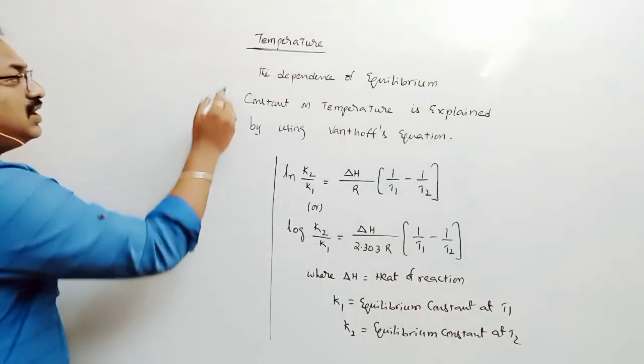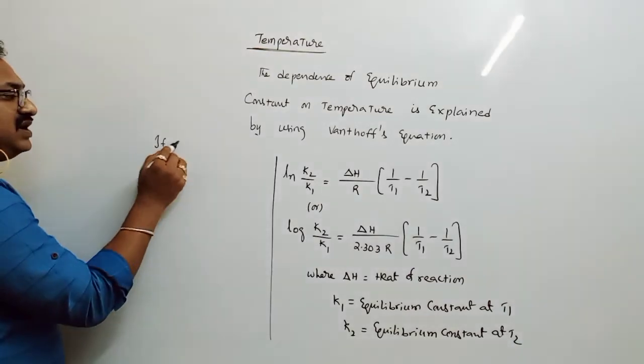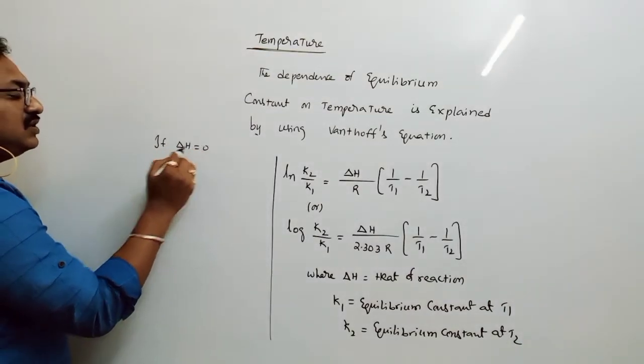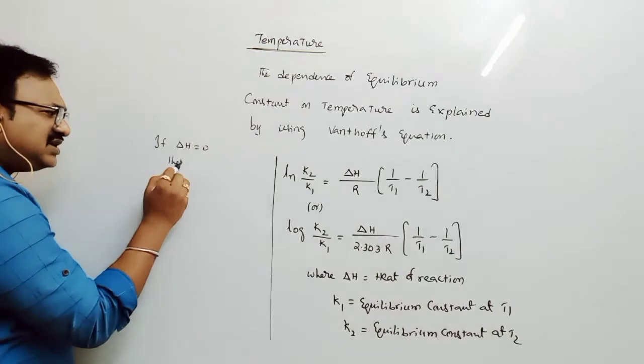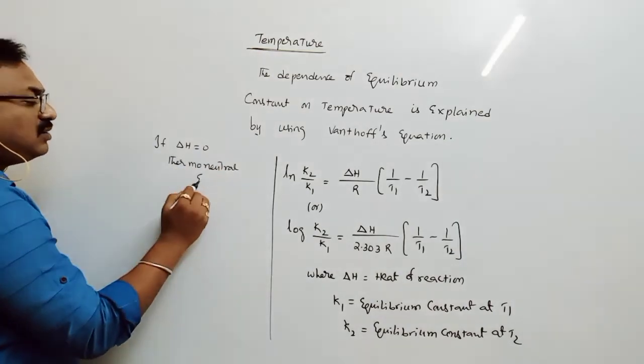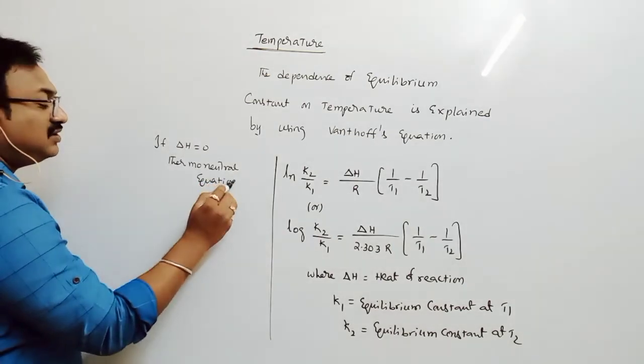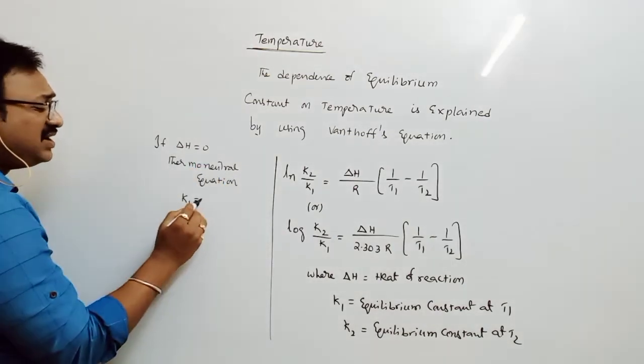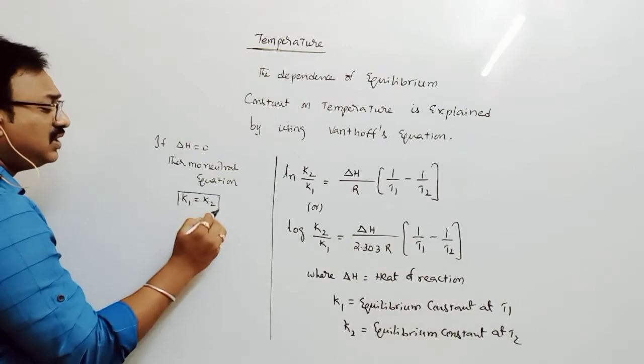Now listen, if del H is equal to 0, del H 0 means it is called a thermoneutral equation. For such cases, K1 is always equal to K2.